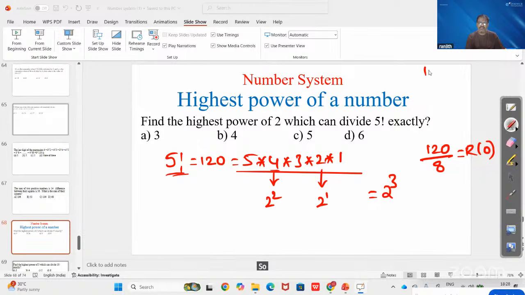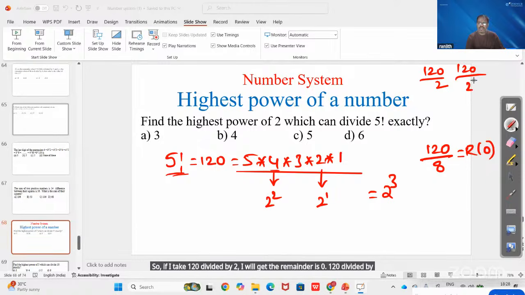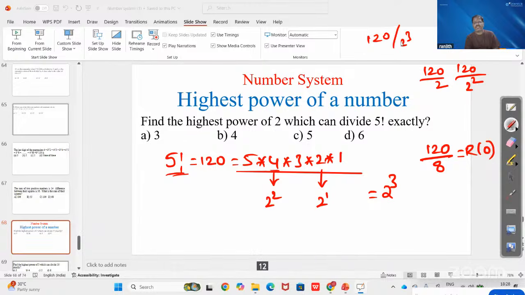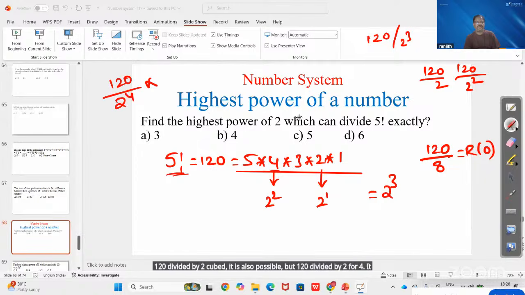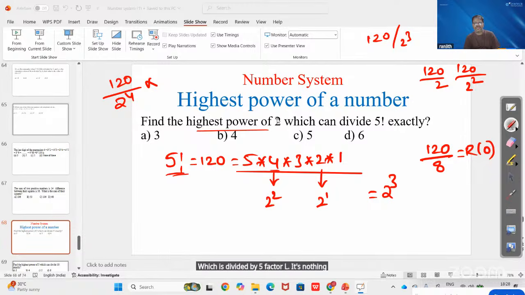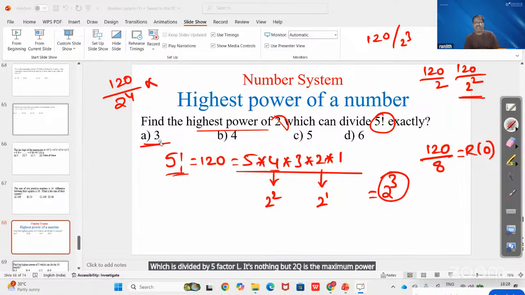If I take 120 divided by 2, I get remainder 0. 120 divided by 2 square is also possible. 120 divided by 2 cube is also possible. But 120 divided by 2 power 4 is not possible. What is the maximum power of 2 which divides 5 factorial? It is nothing but 2 cube. 3 is the highest power.